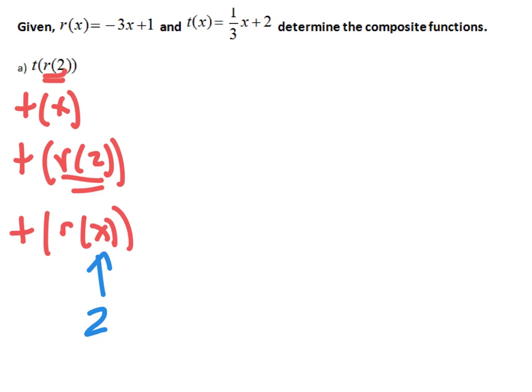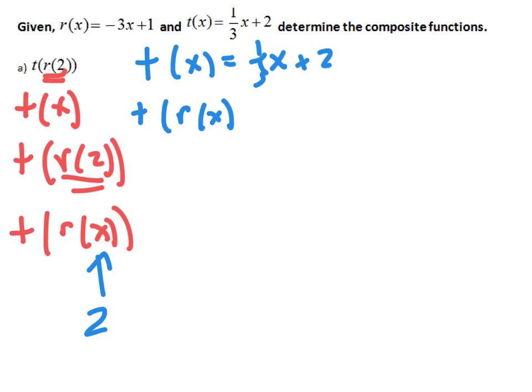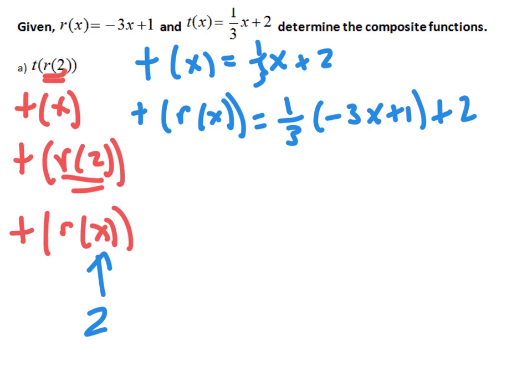Let me tell you what that means. So if I go t x equals 1/3 x plus 2, and then if I plug in r of x inside of that, I get 1/3, and then I plug in r of x, which is negative 3x plus 1, plus 2.